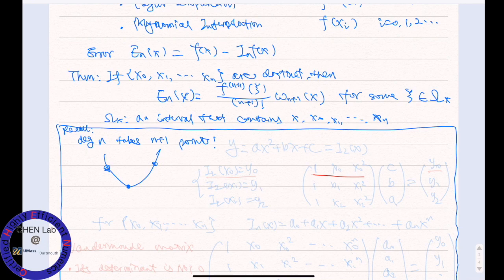So 3 points for a quadratic polynomial, degree 2, n is 2. And we know of course, y is ax squared plus bx plus c. I hope everybody is comfortable with that. In fact, the interpolation should probably be started with that, but this is a review.